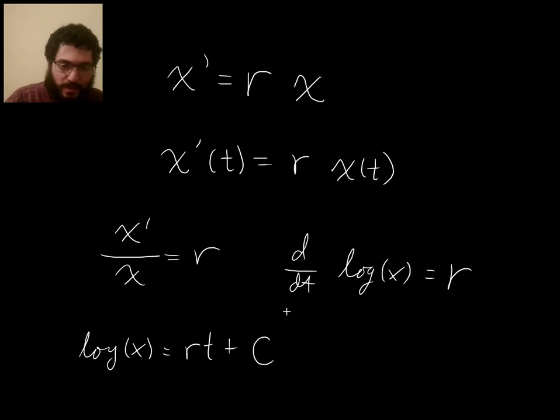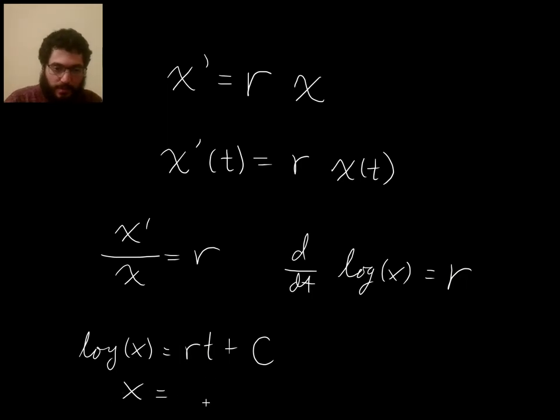You can think of that step as integrating both sides, or as just thinking through the problem: if log x is something whose time derivative is r, then what could log x be? Well, the only things that have time derivative r are functions that look like rt plus c, where c is a constant.